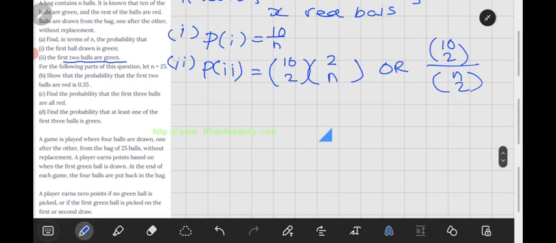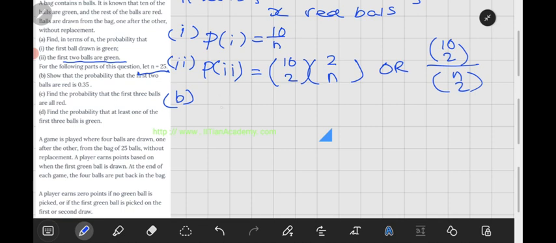So moving on, for our next question, we're asked to show that the probability that the first 2 balls are red is 0.35, where we let n equal 25, okay? So for this question, if n is equal to 25, then the probability that the first 2 balls are red is the number of ways to choose 2 balls out of 15 divided by the number of ways to choose 2 balls out of 25, just like the question we just did essentially.